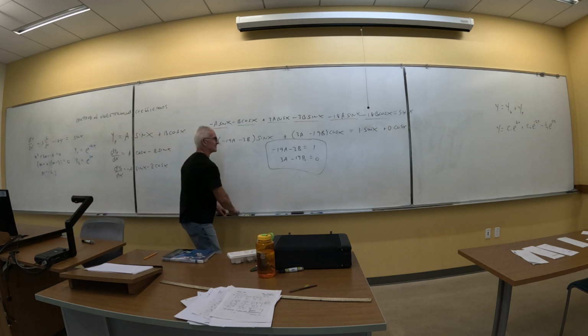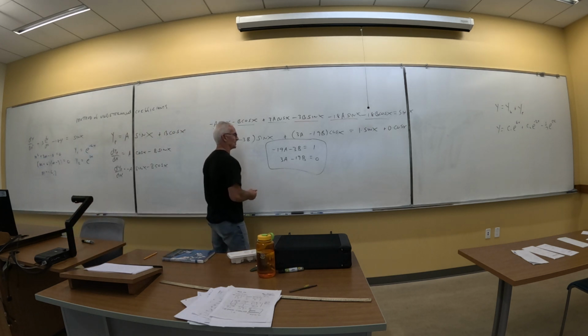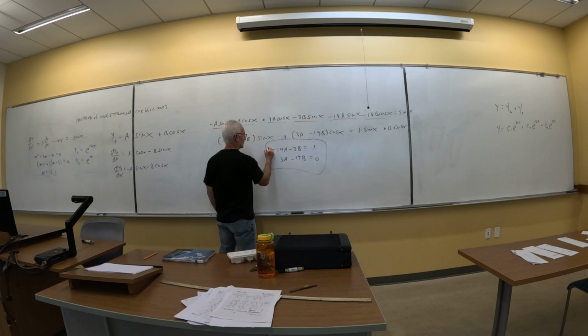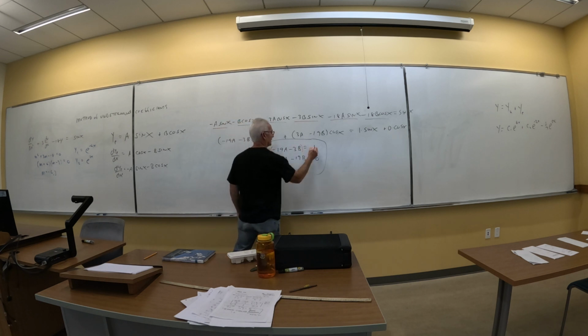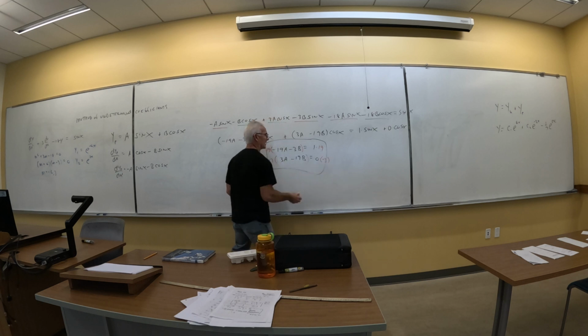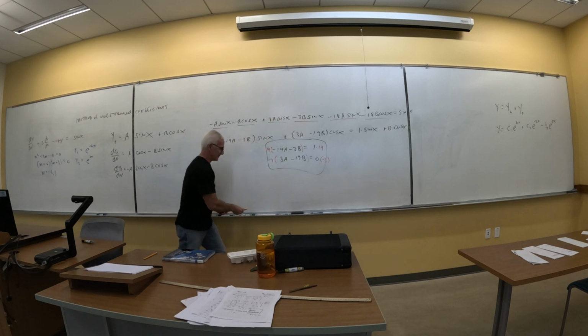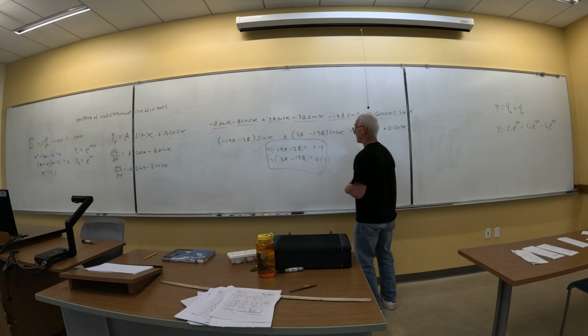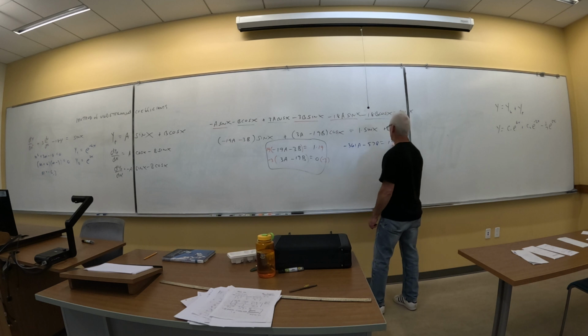So if I do that, let's say I want to get rid of the b first, then I would multiply this equation by 19. And what would I multiply this one by? Negative 3. Yeah. So on top I'd have negative 361a, negative 57b equals 19.